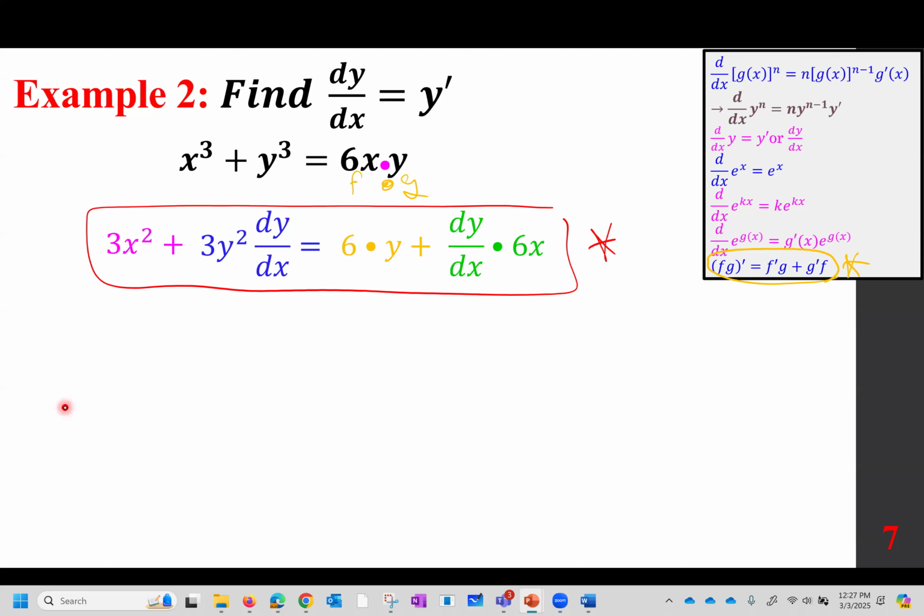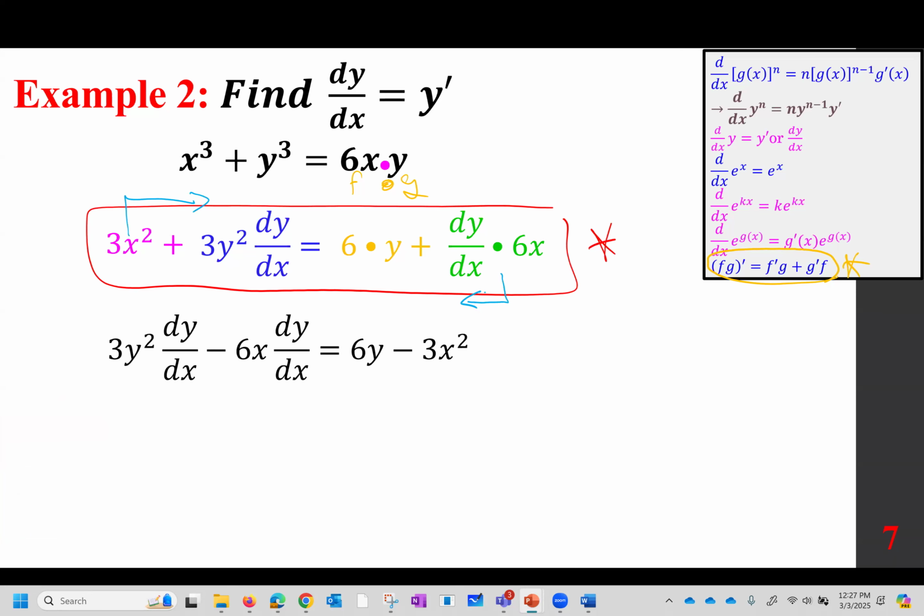Of course, we are solving for dy/dx, which means we are moving everything involving dy/dx to the same side and everything else to the opposite side. So to do so, we are moving this one to the right and this one to the left.